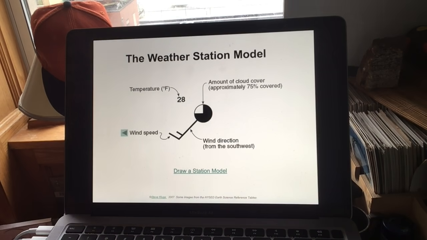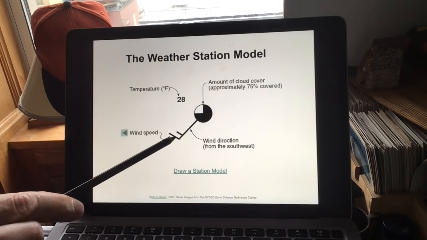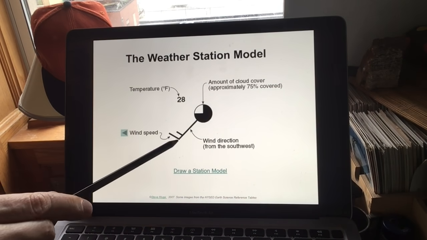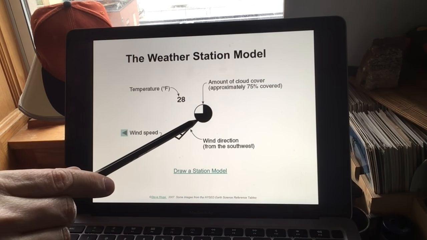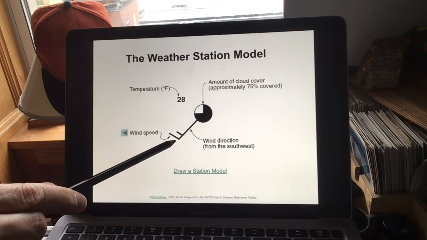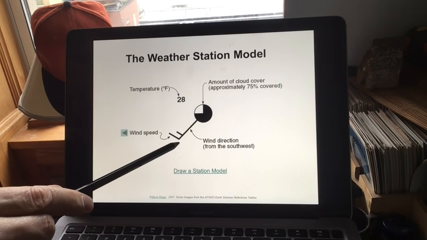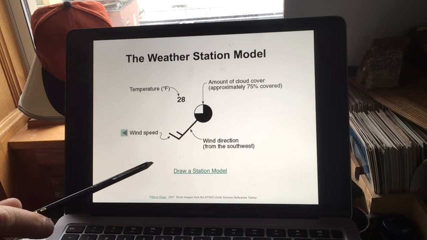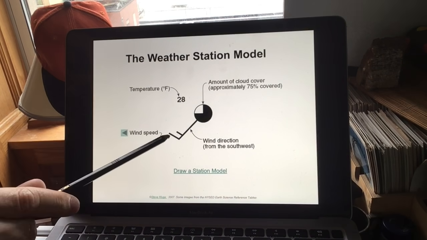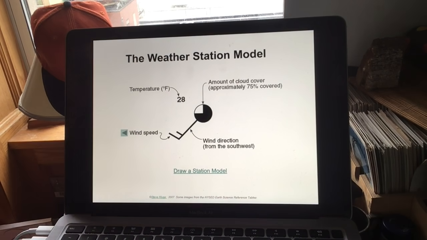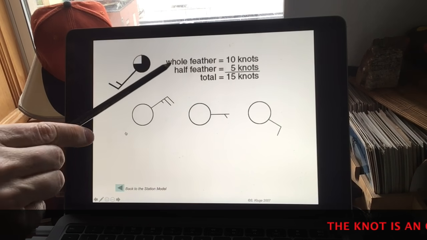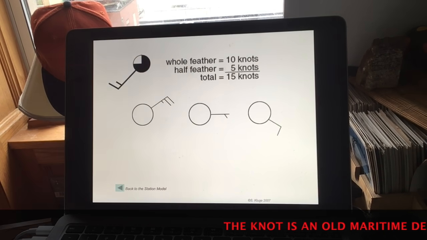Then, the wind speed. The wind speed is designated by the feathers on the shaft of an arrow, the shaft of the arrow indicating the direction from which the wind is blowing. So in this case, the wind is blowing from the southwest. The wind speed is determined by these two feathers in this example. The large feather, or whole feather as they call it, is 10 knots always.